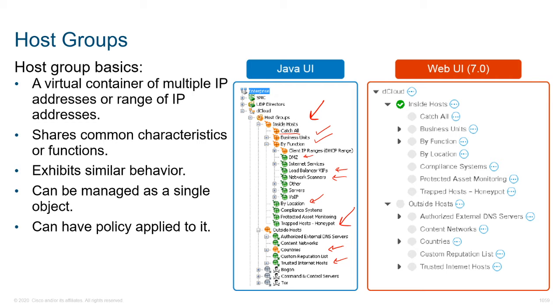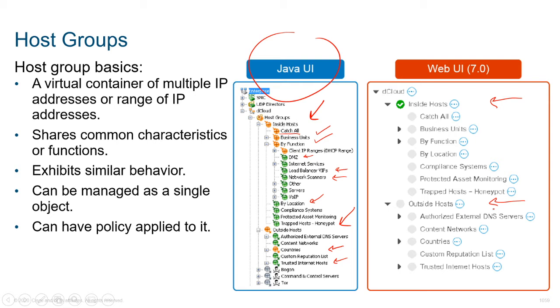Essentially how this is going to work is, and they're giving us two different views here, this is our Java user interface and the web user interface. If we have those inside and those outside hosts, we have some default policies that will be applied to the inside and the outside hosts.